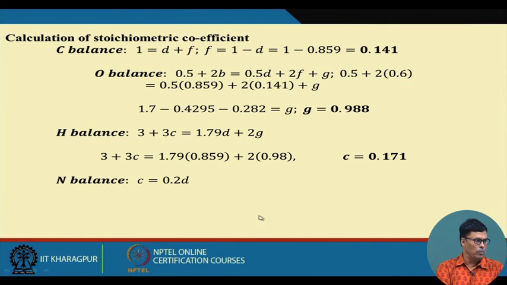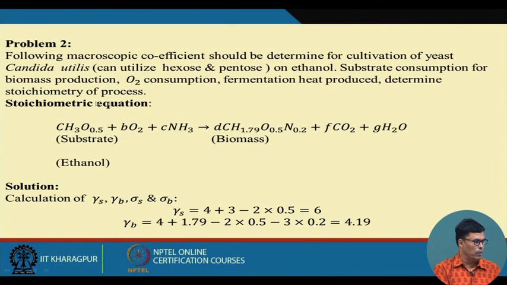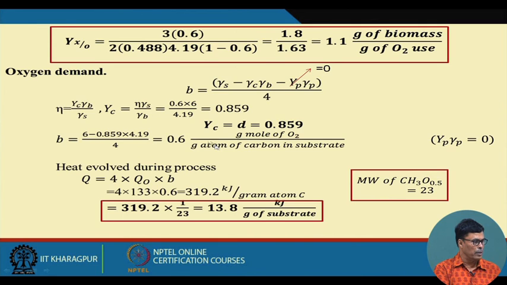Now when you write the stoichiometric equation balance, we can easily do the carbon balance. If you look here, the carbon is contributing in two different forms. So the carbon balance is 1 equals D plus F, am I right? D plus F. We have already calculated D, because the yield coefficient was already calculated.